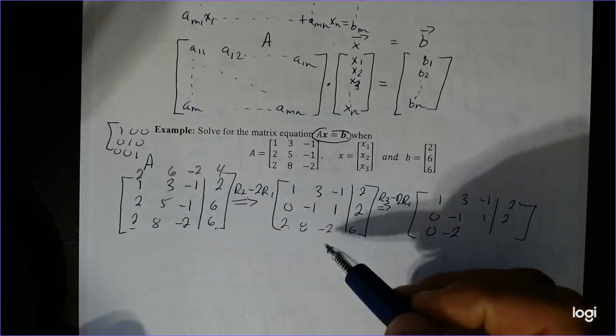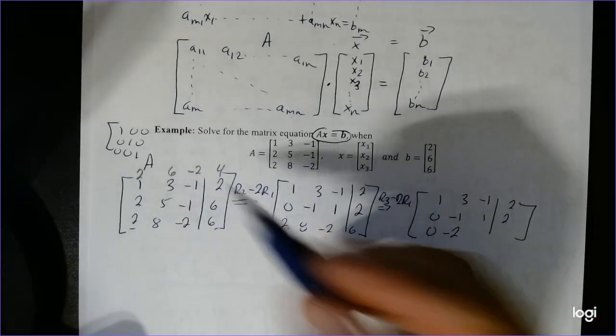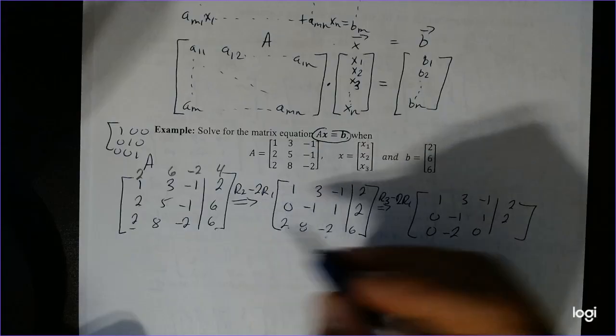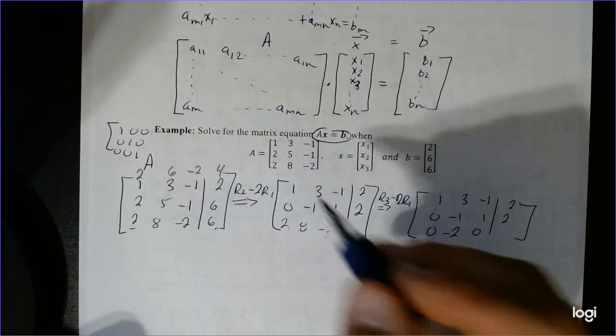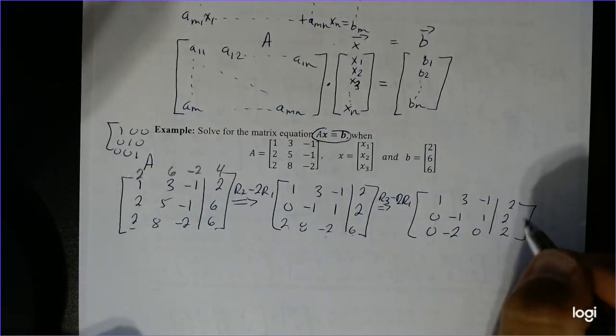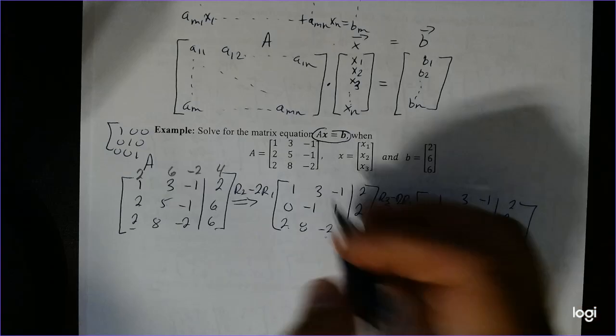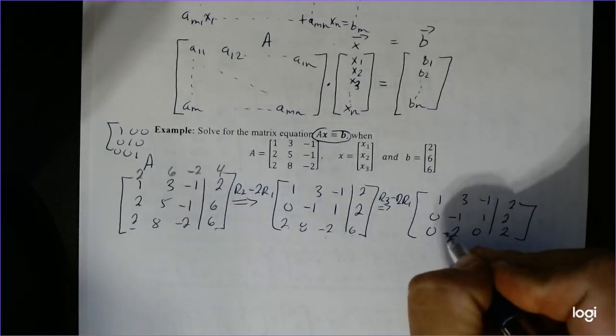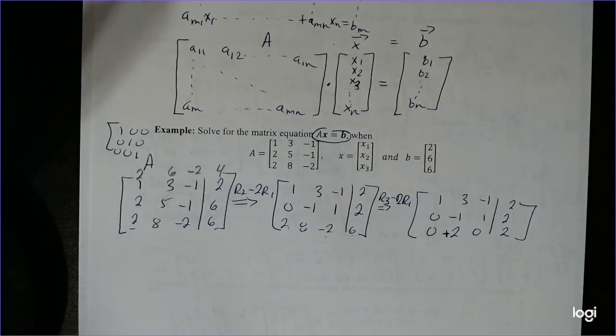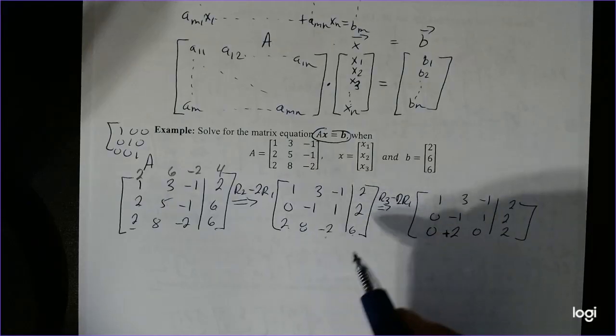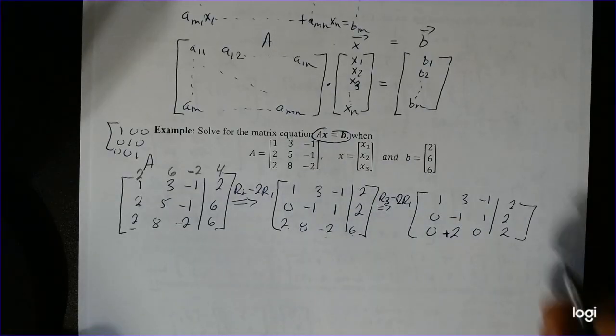And then negative 2 plus 2 is 0. And 6 minus 4 is 2. Oh, here we go. Sorry, 8 minus 6, so this will be positive 2, not the other way around. And then this is good. Now we're on the spot.